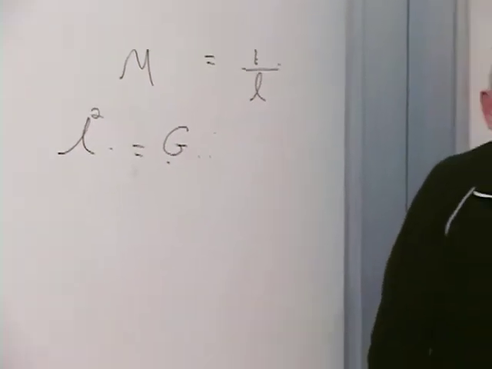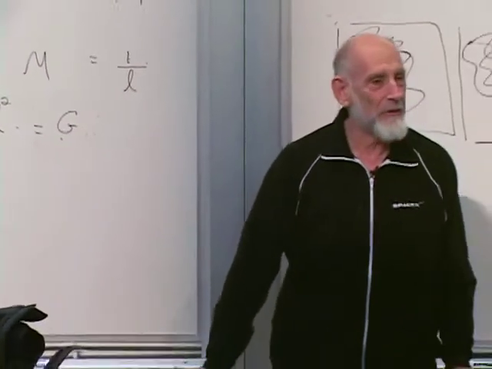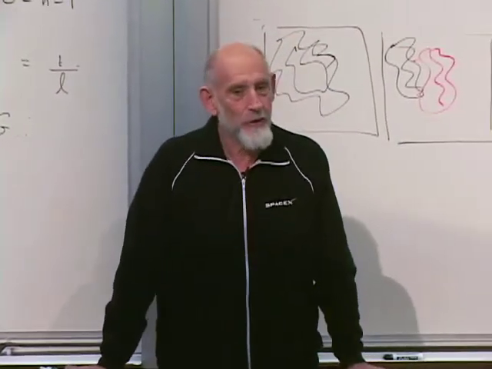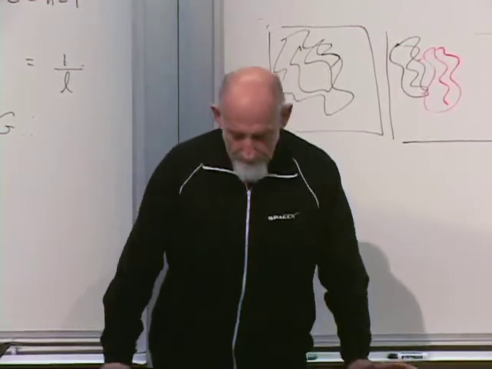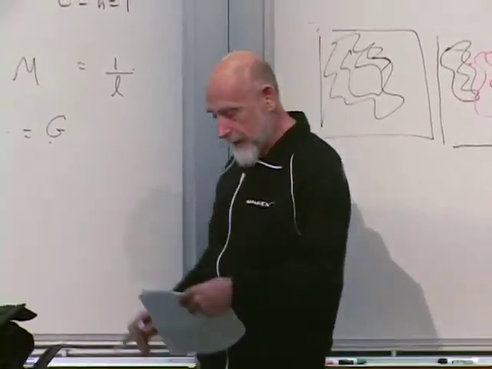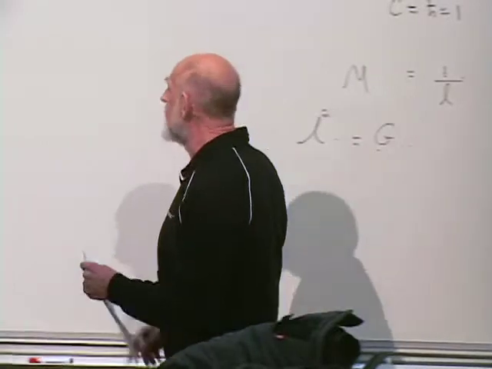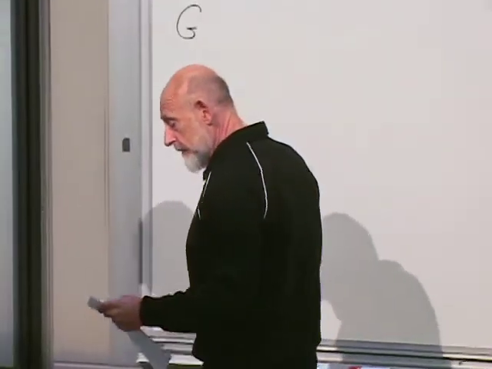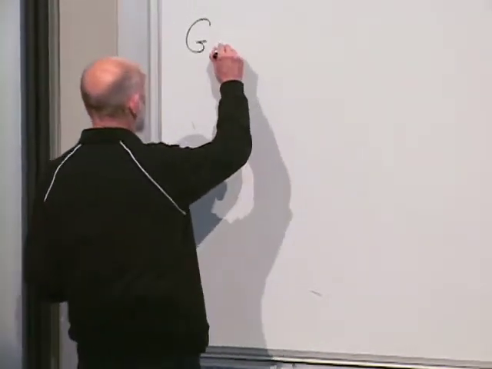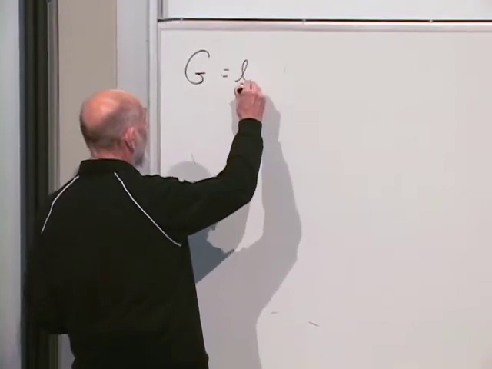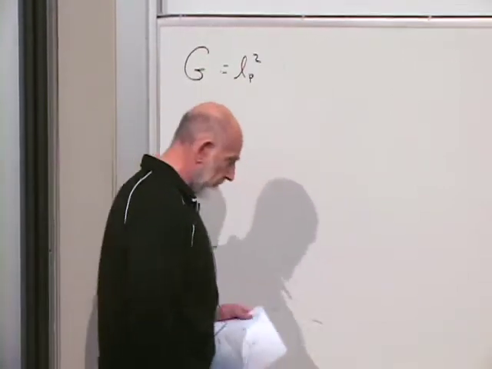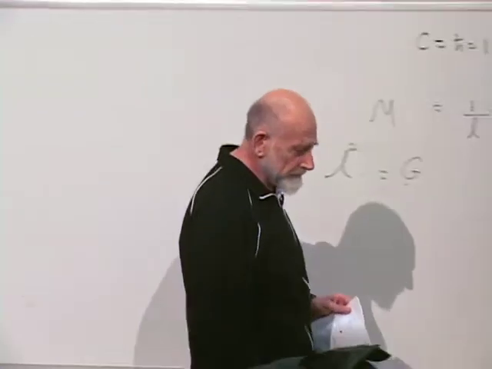What area? There's only one area around that it could be. It's the Planck area. So G is in fact not only an area, it's also the Planck area squared. That's an important equation.